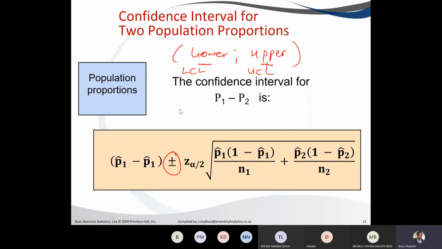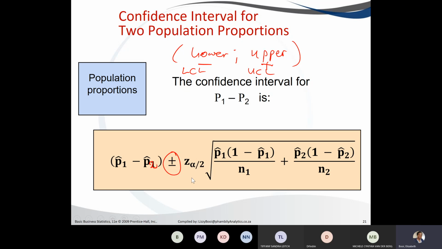So from this confidence interval question, you will calculate the lower tail area by using the minus, and you will calculate the upper tail area by using the plus sign, which is given by the point estimate, P1 minus the point estimate P2, which is the difference between the sample proportions, plus or minus the critical value.